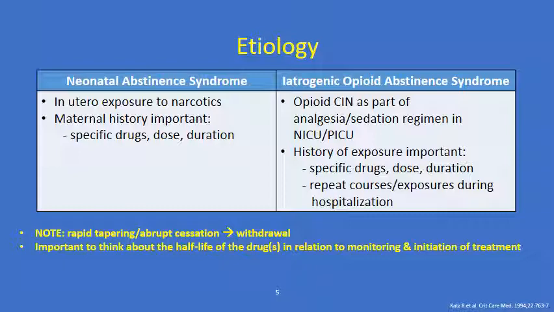Same kind of thing for NAS. If the baby starts showing us signs of withdrawal, we'll put them on a scheduled medication, and then once their withdrawal is better and they're not exhibiting as many signs and symptoms, we may slowly taper them off that medication. So you never want to abruptly stop the medications.